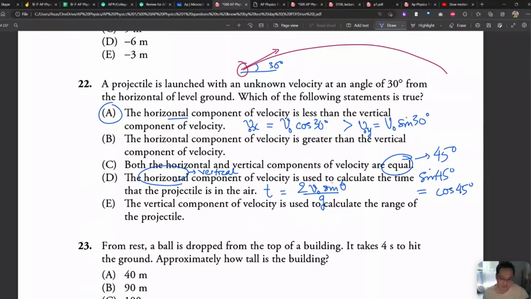The equation for the time in the air relates to the vertical velocity, not the horizontal velocity, so using horizontal is wrong.